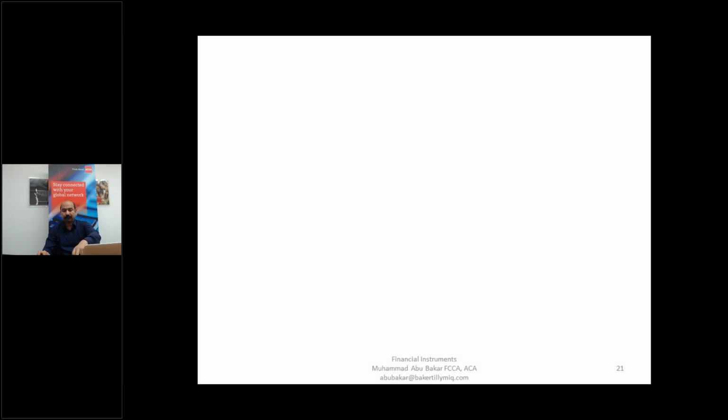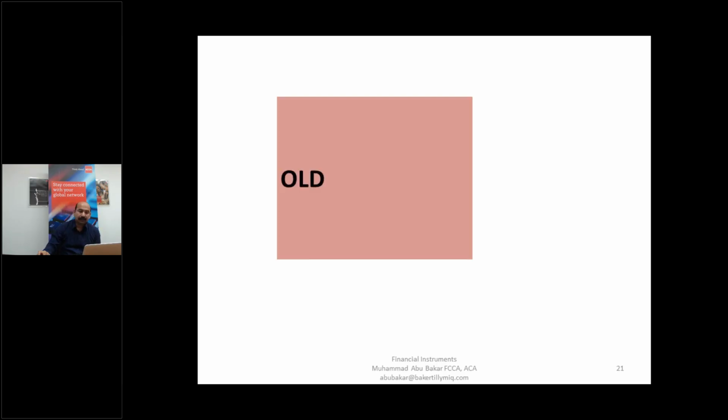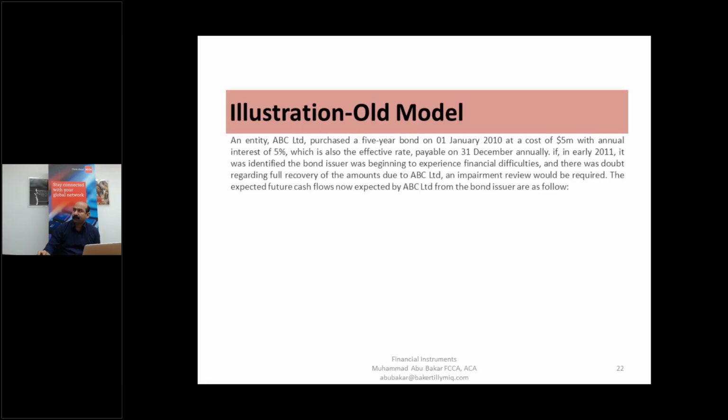So what was the old approach? Say an entity, ABC Limited, purchased a 5-year bond on 1st January 2010 at a cost of 5 million with annual interest of 5%, which is also the effective rate, payable on 31st December annually.